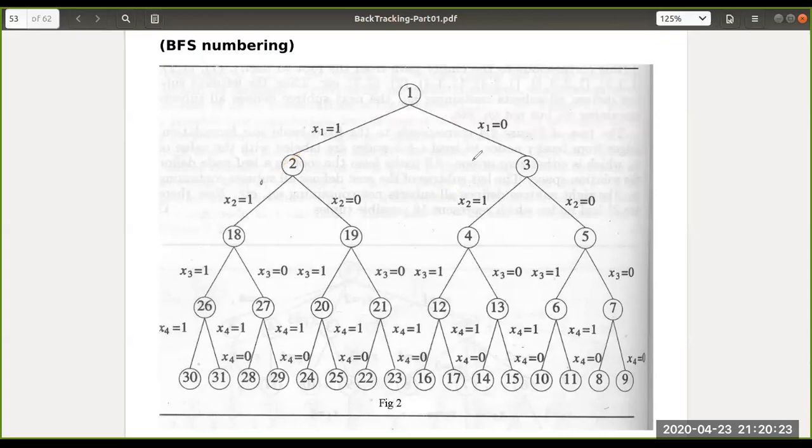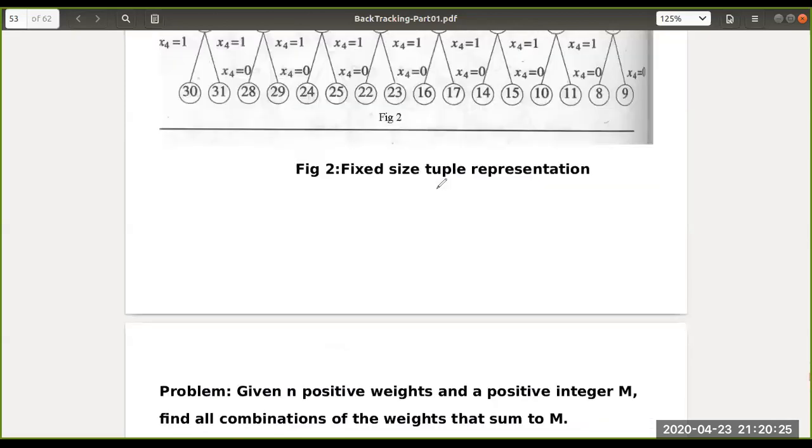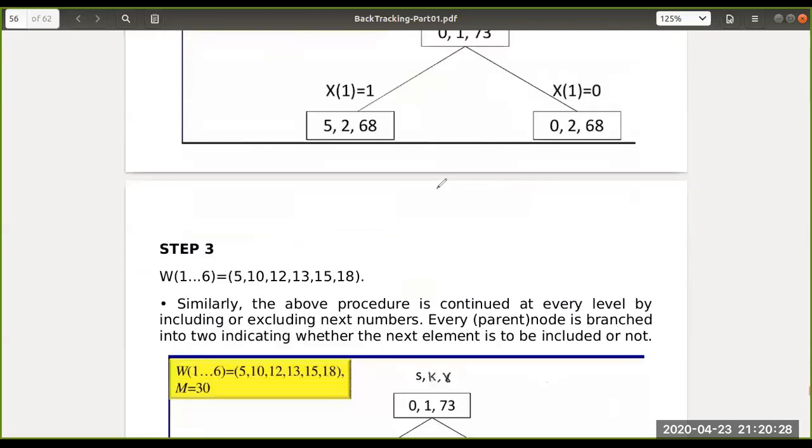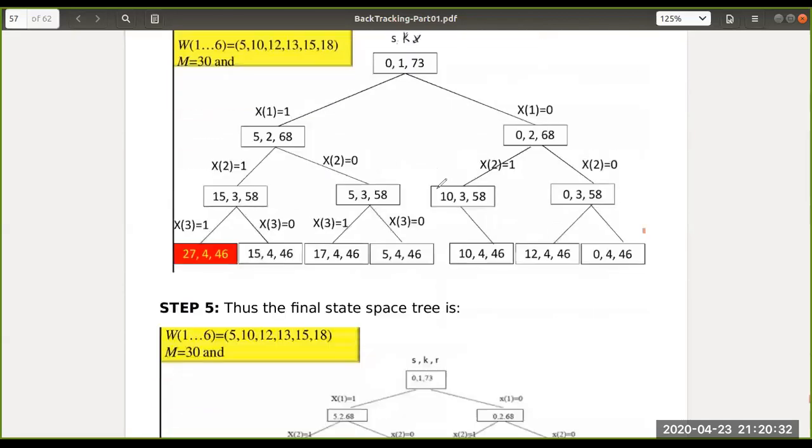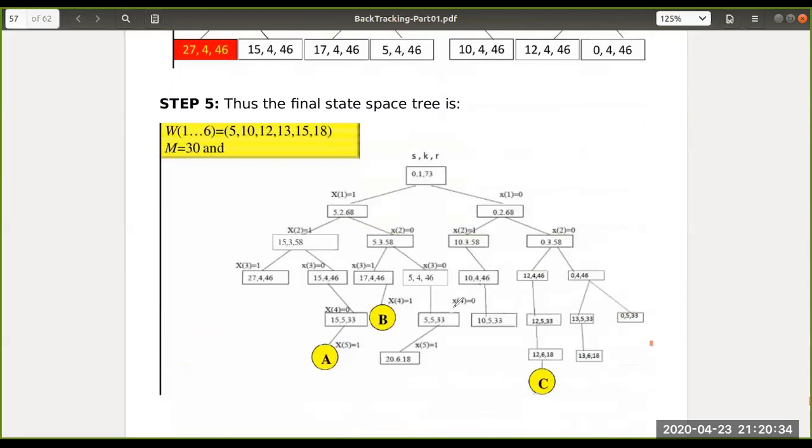If it is 6 items, it is better to go for the variable. For 6 items, I need to explain in a step by step manner, and finally construct this tree. So in the exam point of view, use the variable tuple size state space tree.